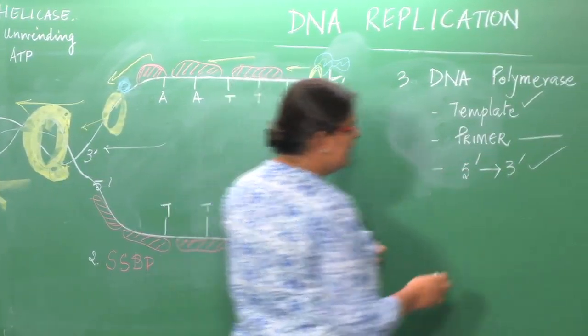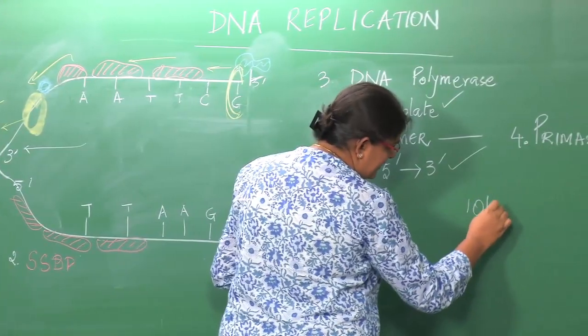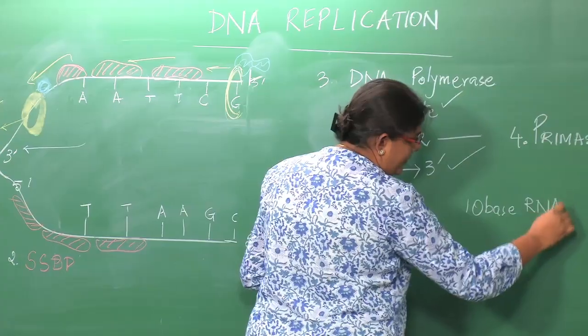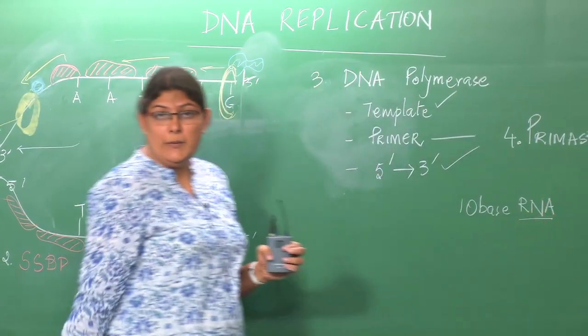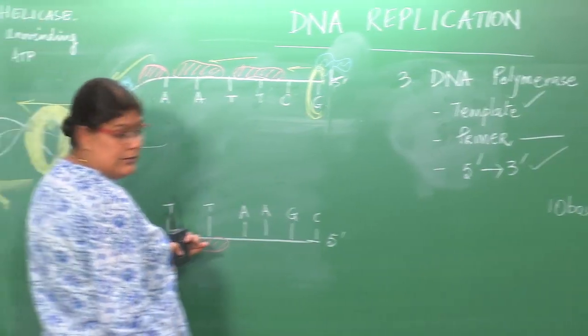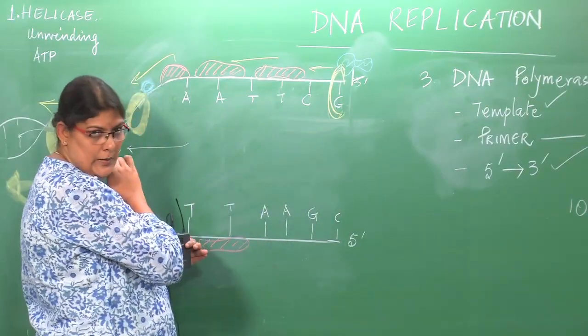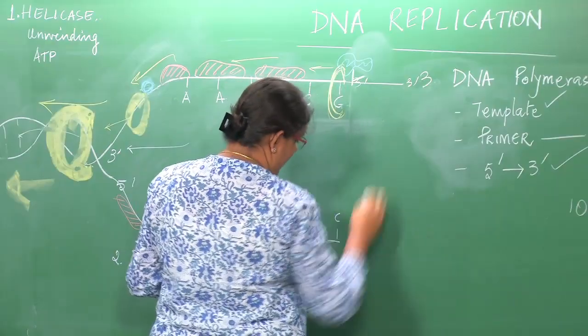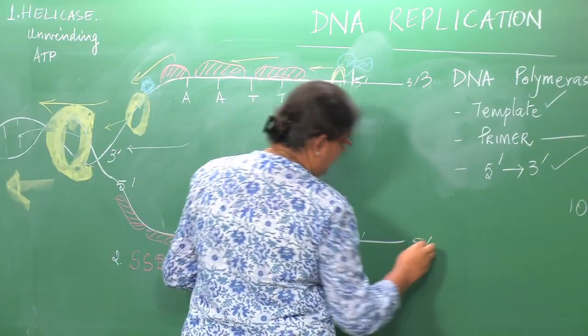Now, primer is nothing but an RNA sequence about 10 bases long. So, this is like an RNA polymerase, all right. So, what it does is that if you have this as a sequence, it will form, let me continue this. So, this is 3', this continues as 5'.